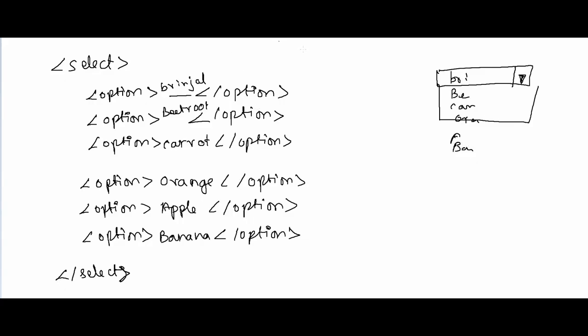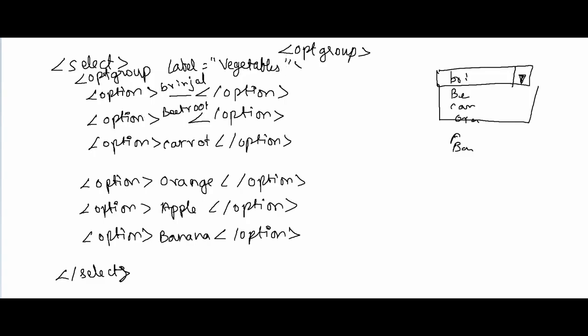So opt group, OPTGROUP, is a tag used to group the options. The attribute called label is equal to, we can use whatever label we want to give for this group. So this group comes under vegetables, right?